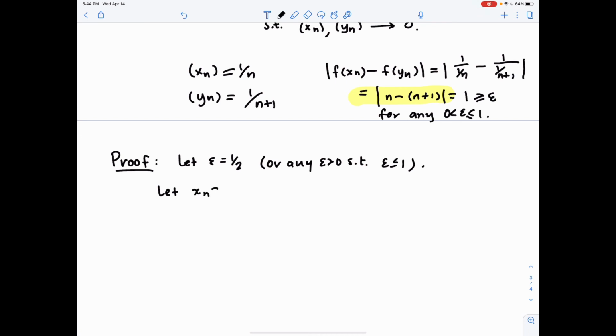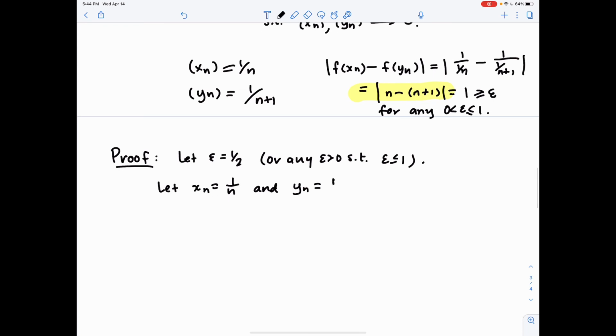So I'm going to let xn be 1 over n, and yn be 1 over n plus 1, for all n in the natural numbers. I need to note that I have made a good choice here. xn and yn are both contained in my domain, which is the positive reals.